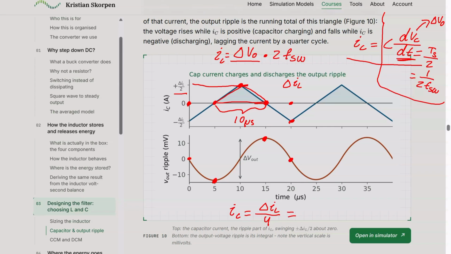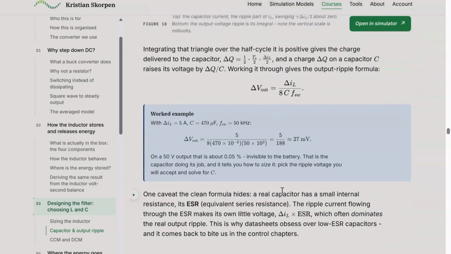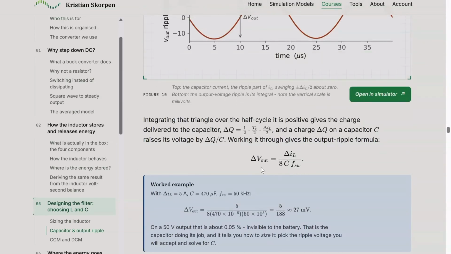And now, if we just continue with this part here, we can see that this becomes equal to the ripple of the voltage multiplied by 2 times the switching frequency. And we forgot the capacitance. So we should multiply with the capacitance here and multiply with the capacitance here. We forgot to move it from here. So if we now solve for the voltage ripple, we will actually get this equation that we have down here. This is what we get if we solve for the voltage ripple.